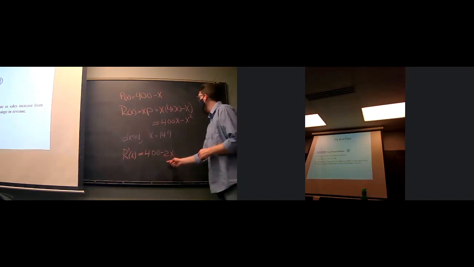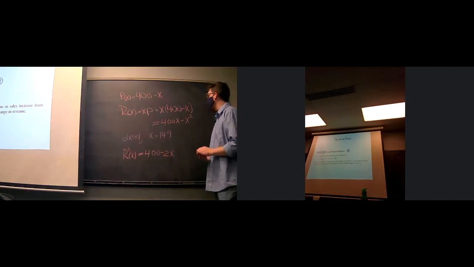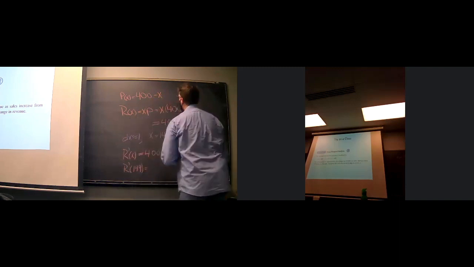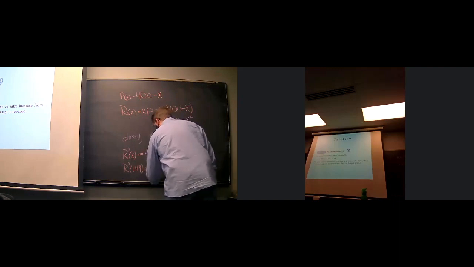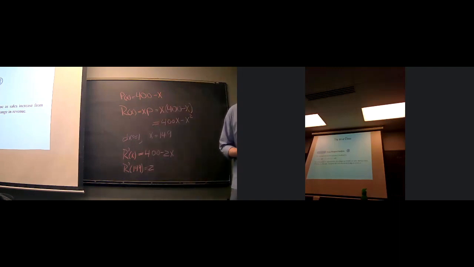So 400 minus 149 times 2, that's going to come out to be 298, right? 298.